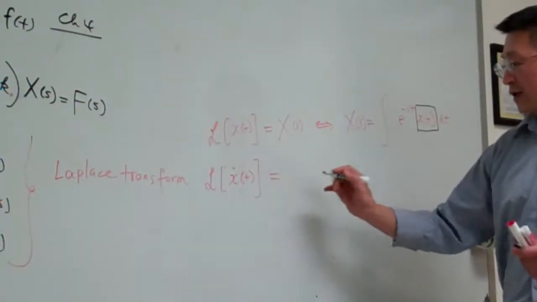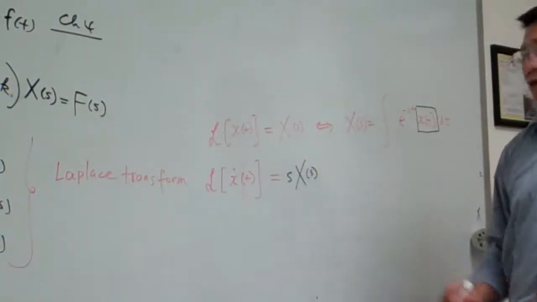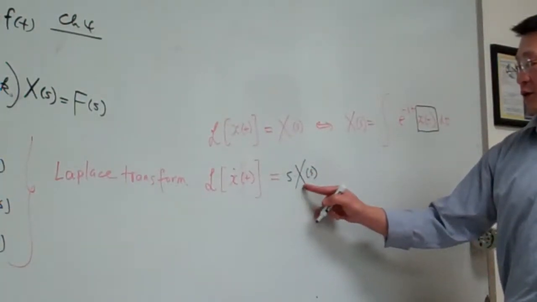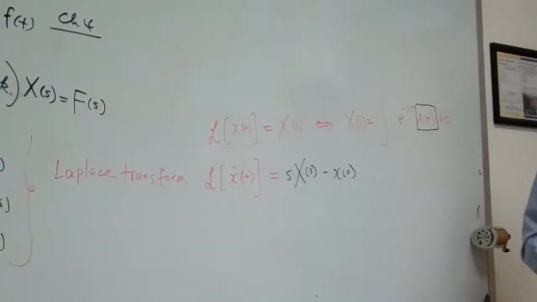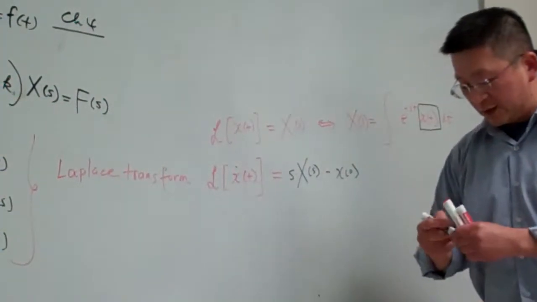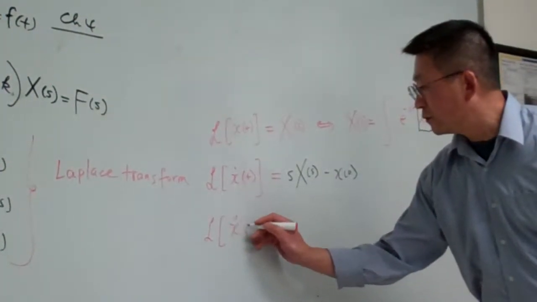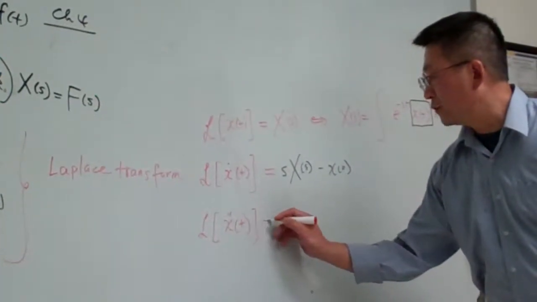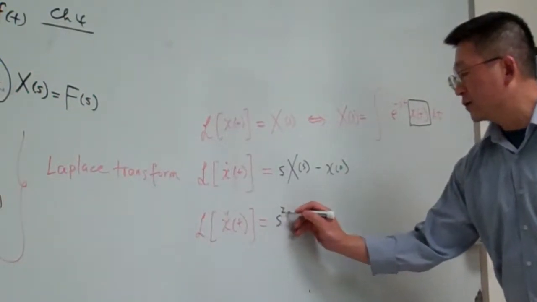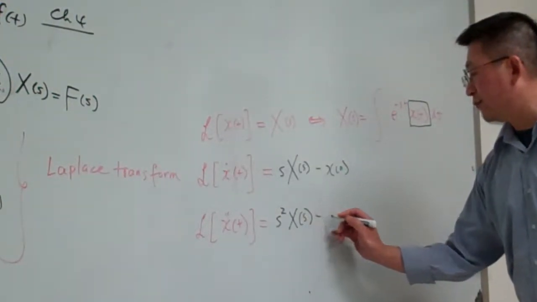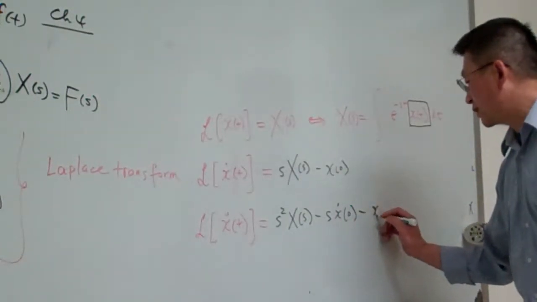So this one, we know that this will be equal to s times capital S, so s multiplied with this one, minus initial conditions. For example, the Laplace transform of the double derivative will be equal to s squared times this, minus s times x dot, minus x0.